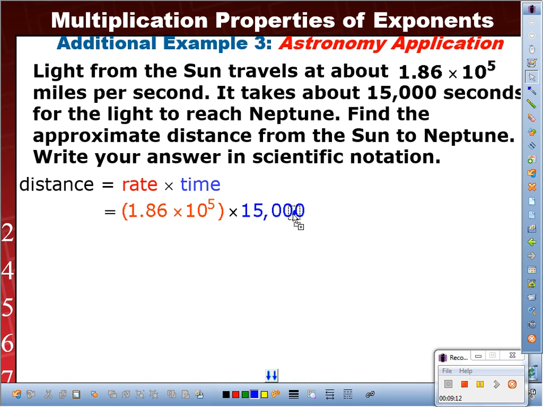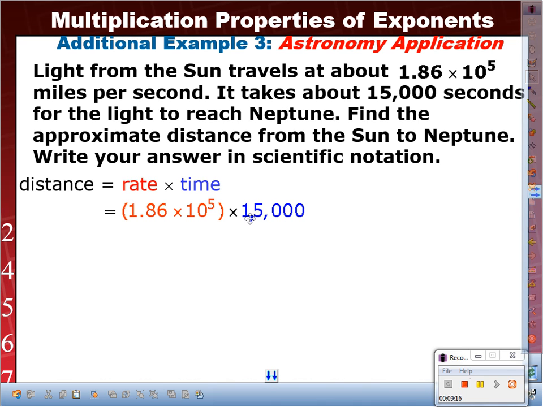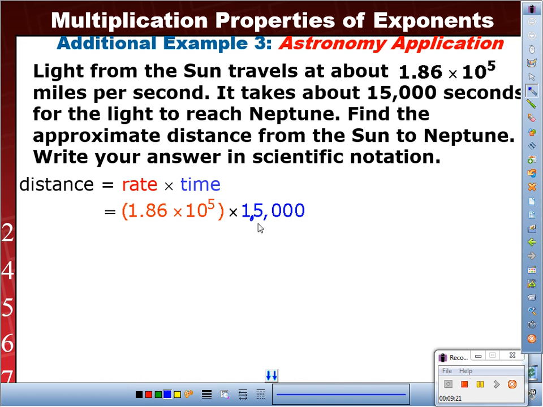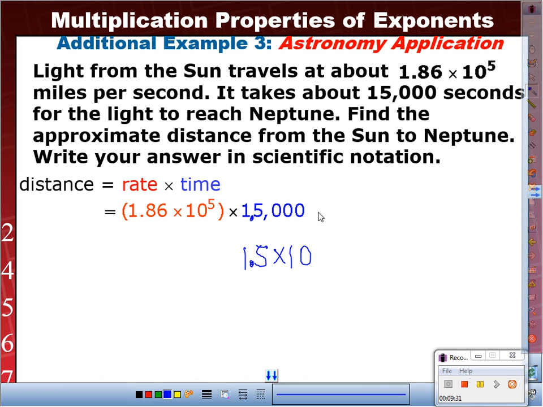Let's see, 1, 2, 3. Now we have one digit on the left of the decimal. Who sees it? Yes, right? So therefore, if I was to write this as a decimal, I have 1.5, and I need to write it times base 10, whatever amount of times I move the decimal. How many times did I move it? 4. So this is times 10 to the 4th. Is it coming back? Yes.